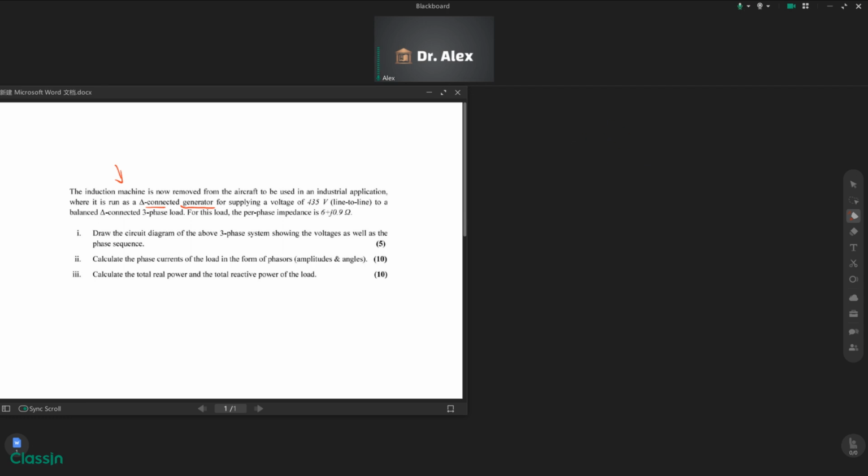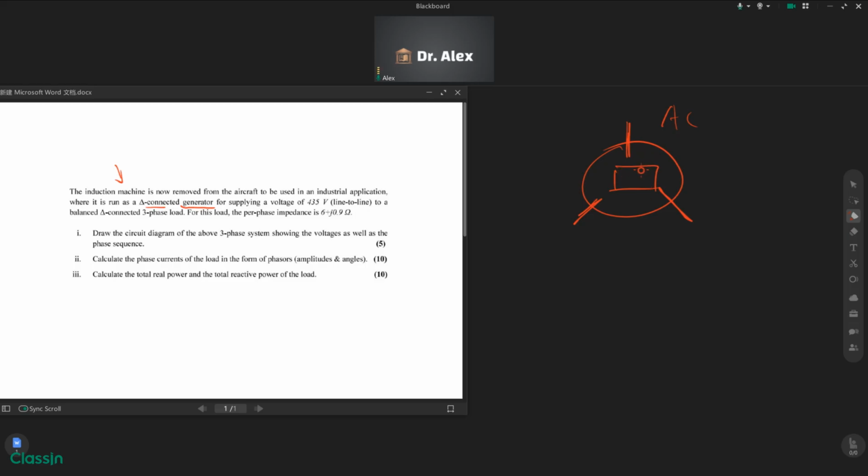Theoretically, our induction machine is composed of a stator outside and a rotor inside. If we apply an AC power source to the stator to make the rotor rotate inside, it works as a motor.